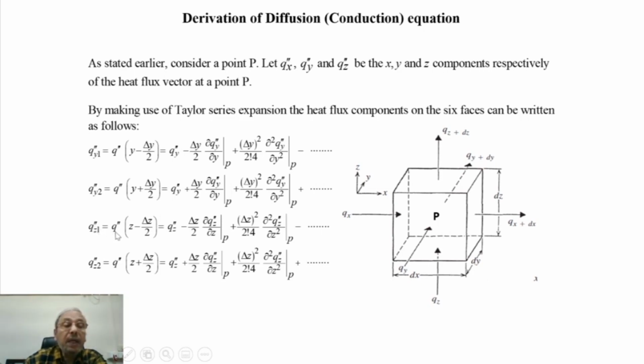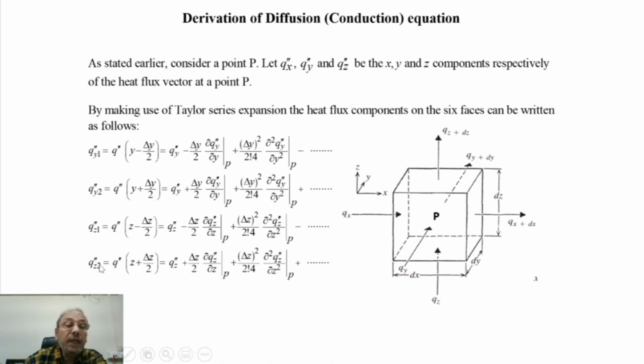This is given by q double prime z minus delta z by 2. So this is delta z by 2 below the location of point P. So that is why qz double prime minus delta z by 2 del z of qz double prime plus delta z by 2 square divided by factorial 2 del 2 qz double prime del z2.